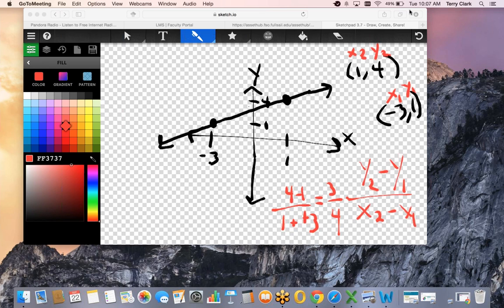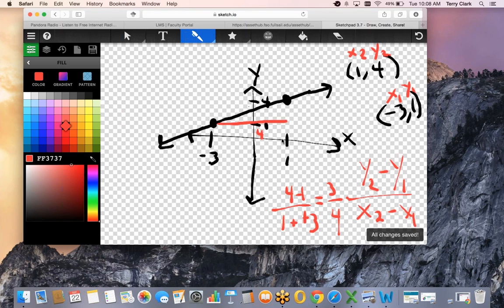Now, another way we can do this problem is I can just mark the change on the graph. So I can go from here. If I start at negative 3 and just count up to 1, that's going to be 4. And then if I start from 1 and count up to 4, that's going to be 3.